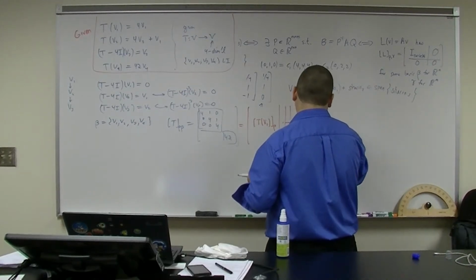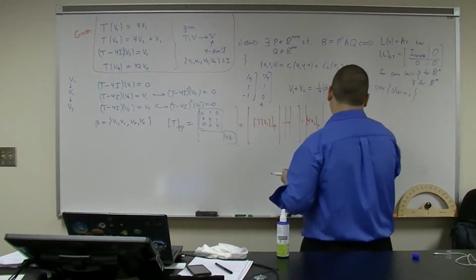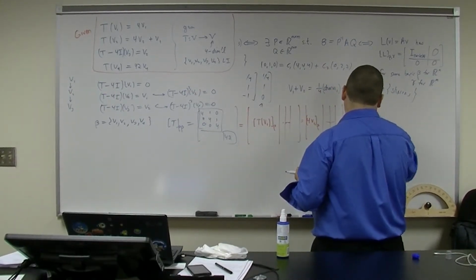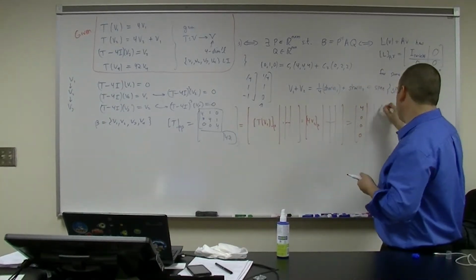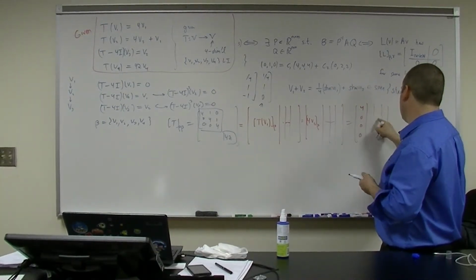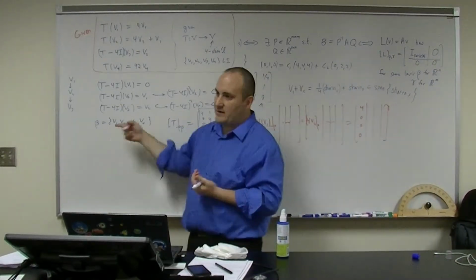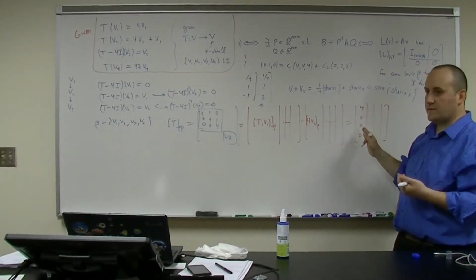What is 4V1 in the beta coordinate system? 4, 0, 0, 0, because V1 is the first thing in the basis, and now I've got 4 times the first thing in the basis. That means the coordinate vector is 4, 0, 0, 0.